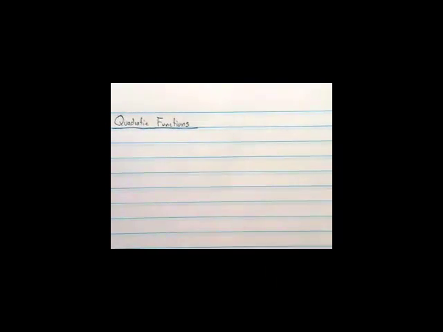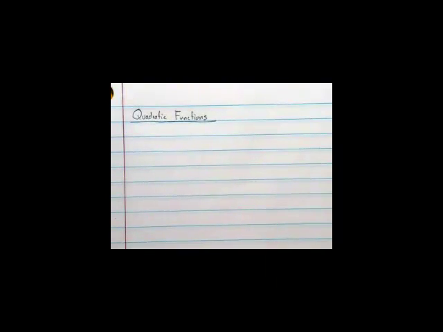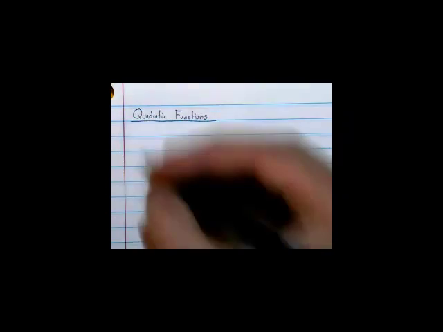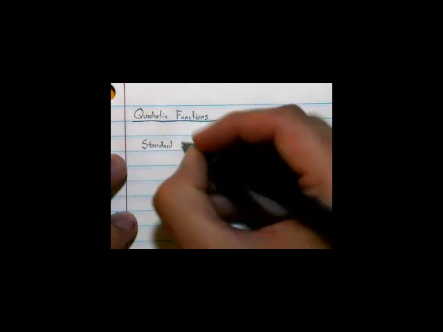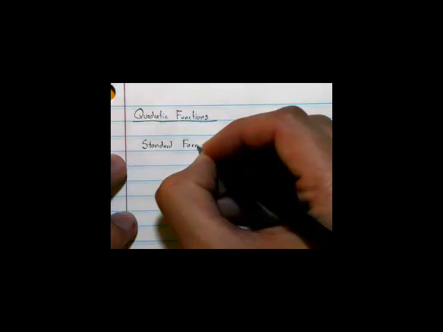They come in 2 varieties. There are quadratic functions that are written in standard form and quadratic functions that are written in vertex form. Okay? So standard form we've already seen.